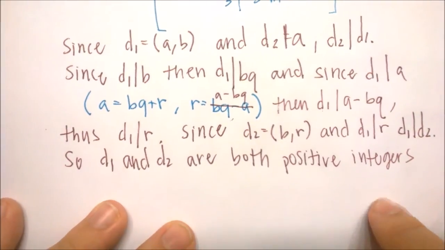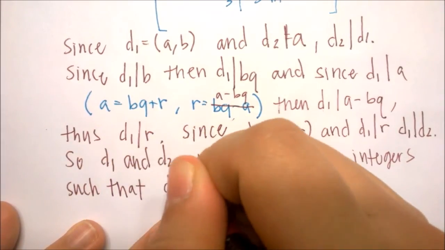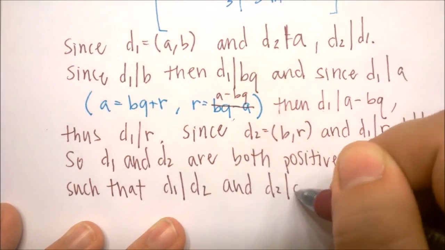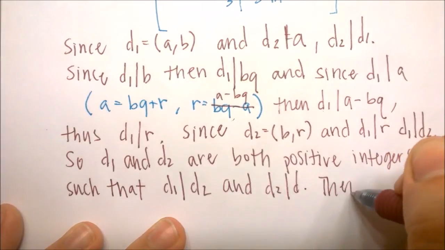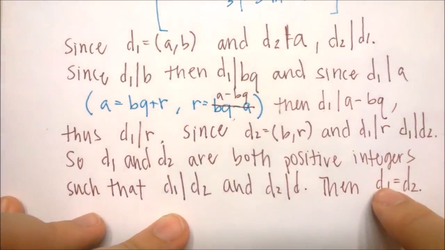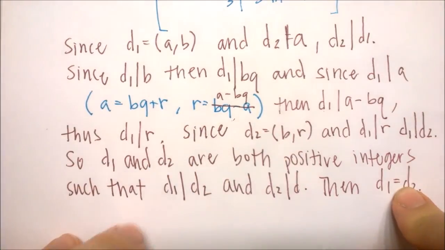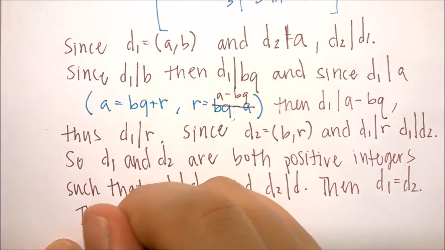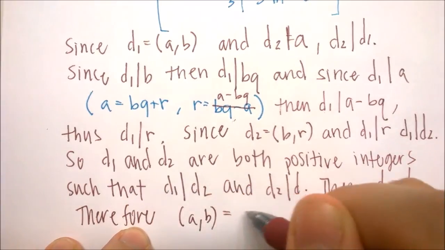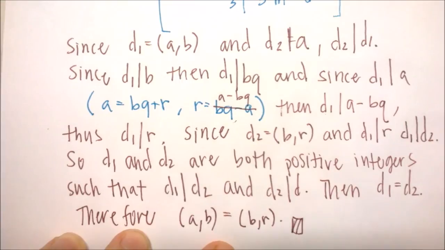GCDs are positive integers such that D1 divides D2 and D2 divides D1. Then D1 equals D2. And remember, D1 and D2 stood for the GCD of A and B and the GCD of B and R. So, therefore, the GCD of A and B is equal to the GCD of B and R. And that was what we wanted to show. So that concludes our proof.